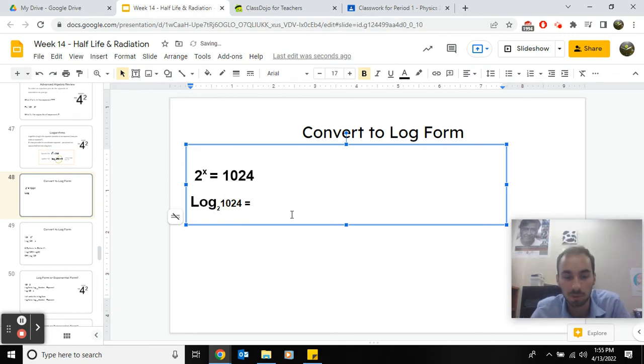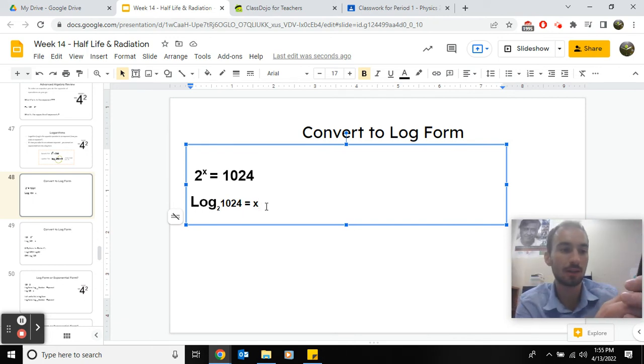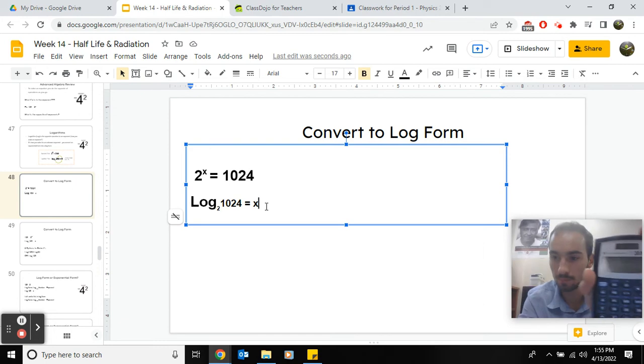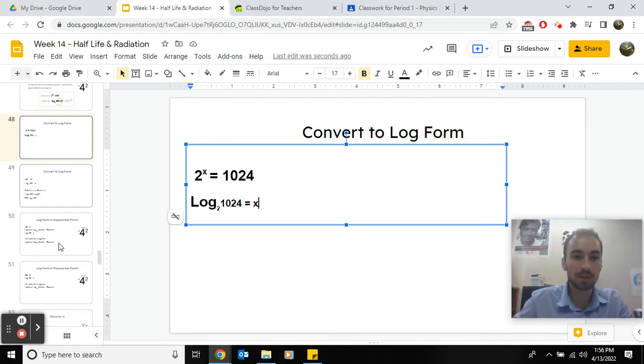Log 2 1024 equals x. So on your calculator, you do log 1024 divided by log 2. And you hit equals, and you get 10. We're going to try it again.